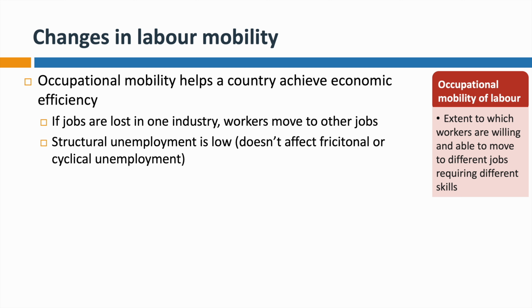What is structural unemployment? What is frictional unemployment? What is cyclical unemployment? Cyclical unemployment is unemployment happening due to a recession, when we have an economic downturn, when our economy is at a low point, maybe also in a crisis.